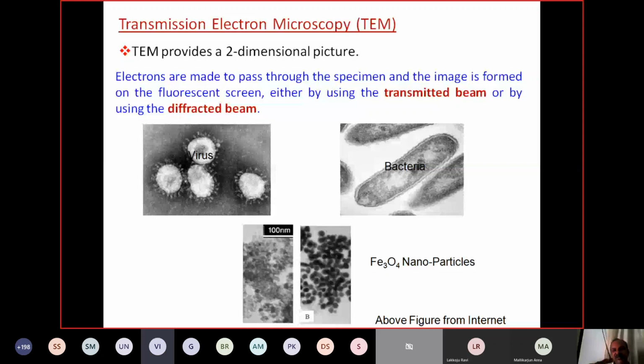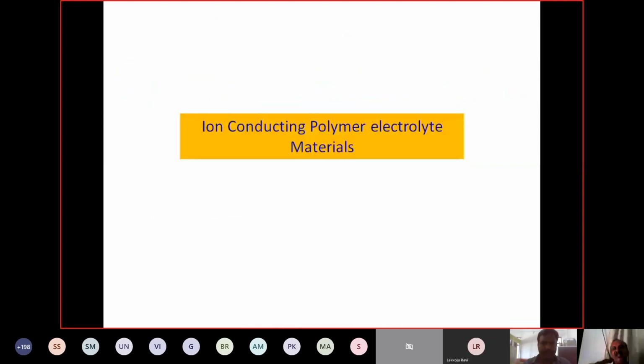Okay. So here first I'll give you an introduction about fast ion conducting materials. Whatever solid material has high conductivity, we call it a solid electrolyte, or you can call it a fast ion conductor or super ion conductor.